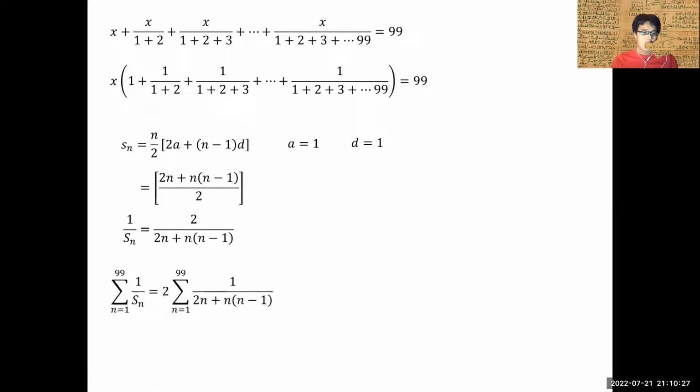At this next step, we are going to look at the whole series altogether. 1 over Sn is each term, and each term is represented by this expression. Now I'm going to introduce the sigma or summation notation.